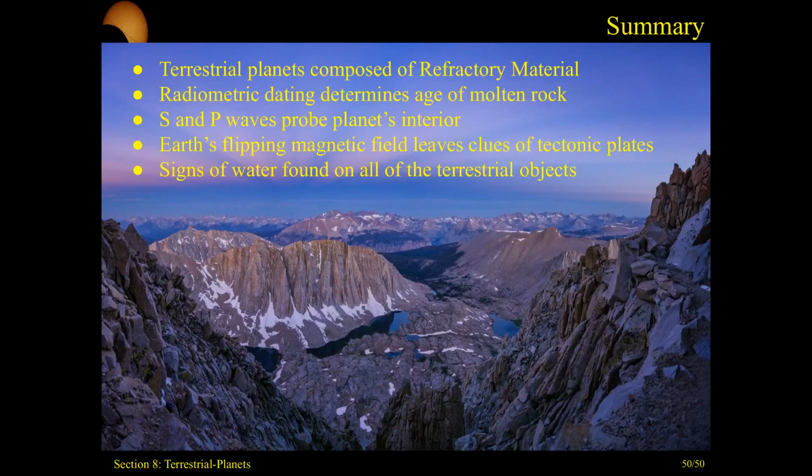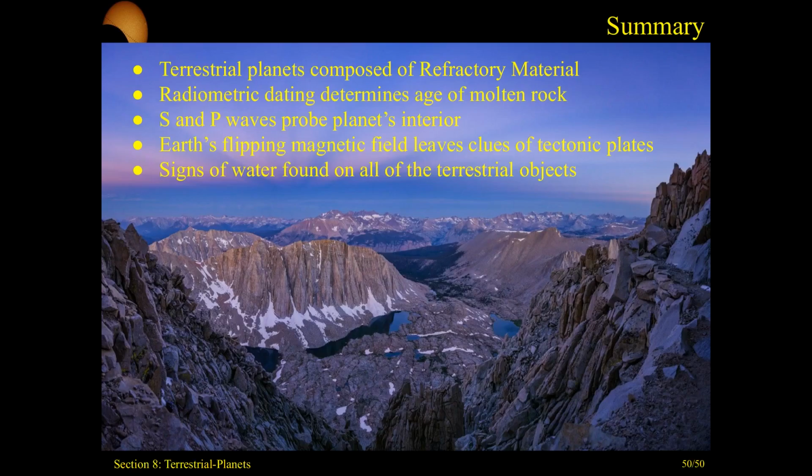So wrapping up section 8, what are the things we talked about? We said that the terrestrial planets are composed of these refractory materials, the stuff that is resilient to changes. They try and keep their state. We use radiometric dating to figure out the ages, specifically when that rock was last molten. And we talked about how we use S and P waves, the primary and secondary waves, to probe the interior of planets to figure out what's going on inside them.